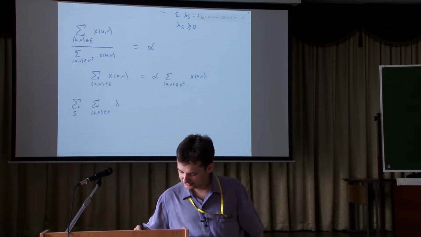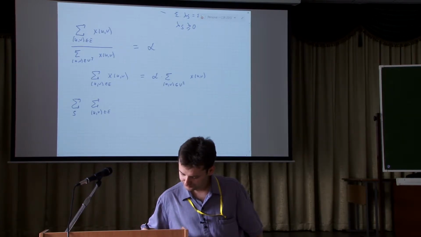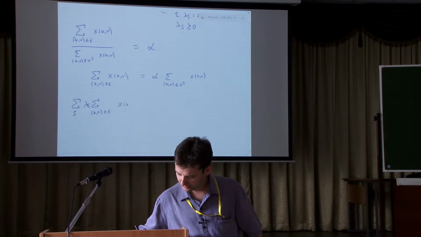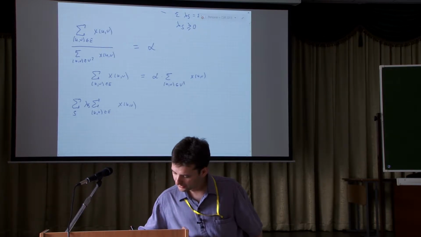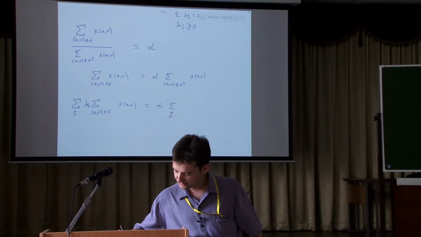So we get lambda_S x^S_uv equals... So you want to prove that the same value is achieved by one of the metrics. Right, exactly. So far I'm just substituting.